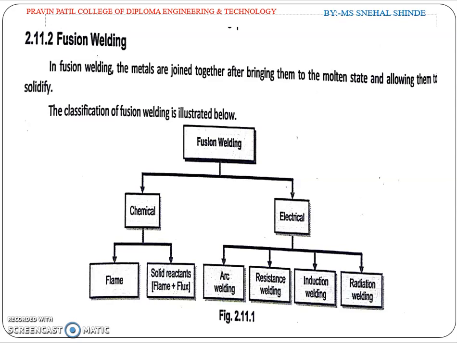Fusion welding is classified into two: first is chemical and second is electrical. In chemical, there are two types, that is flame and solid reactants, flame plus flux. And electrical is classified as arc welding, resistance welding, induction welding and radiation welding.